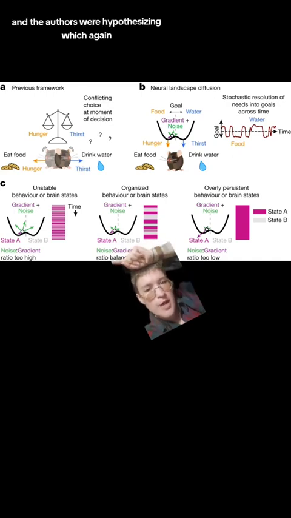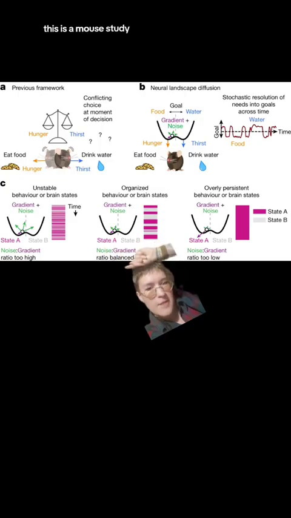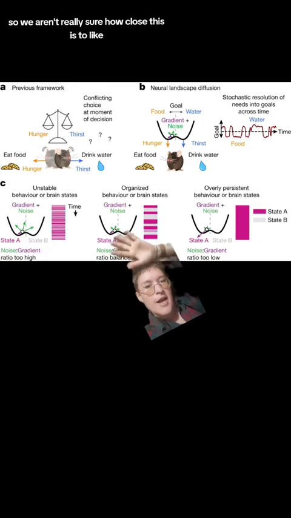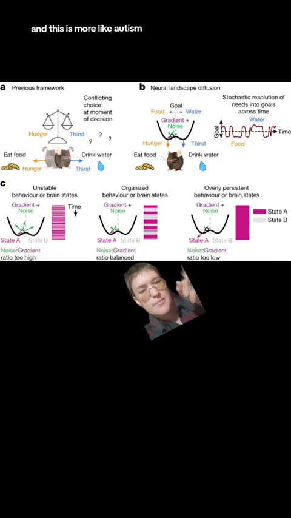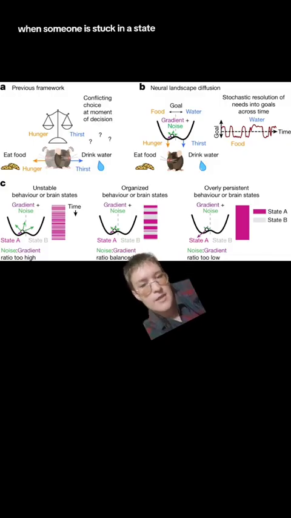The authors were hypothesizing, and again, this is a mouse study, so we aren't really sure how close this is to the neurology of humans, but they were hypothesizing that this is more like schizophrenia and this is more like autism when someone is stuck in a state.